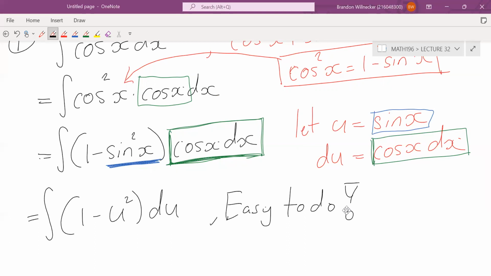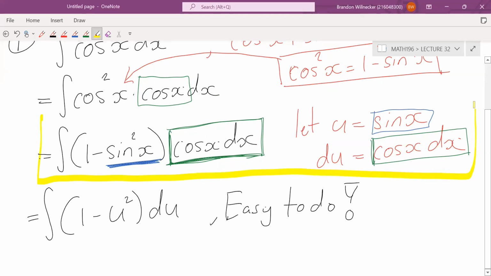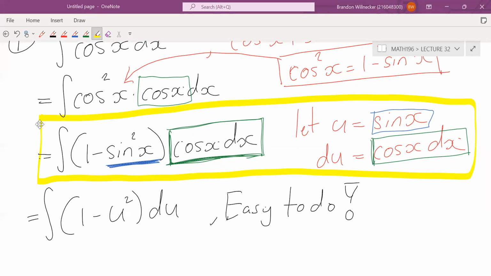So this is the core idea of trig integrals. You need to use a trig identity to rewrite the integral such that you can use a u substitution. Okay, this is the very important part over here. Okay, so you rewrite your integral using a trig identity so that you can make a u substitution.